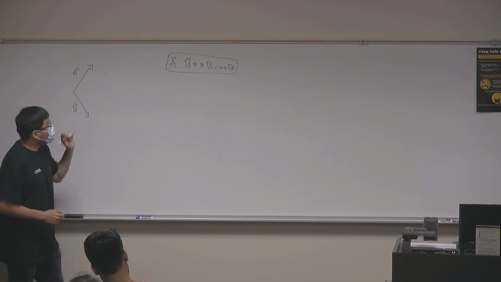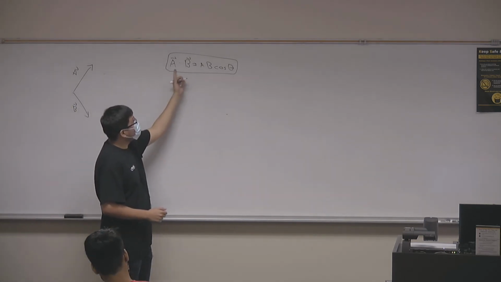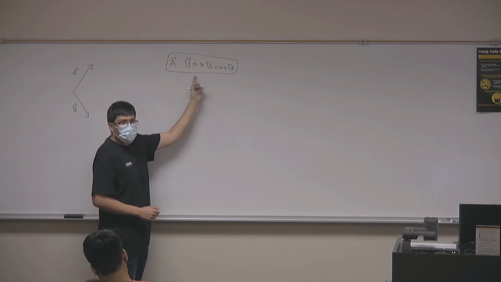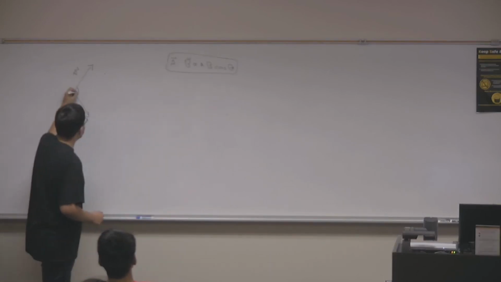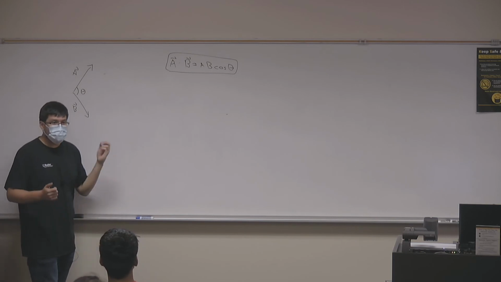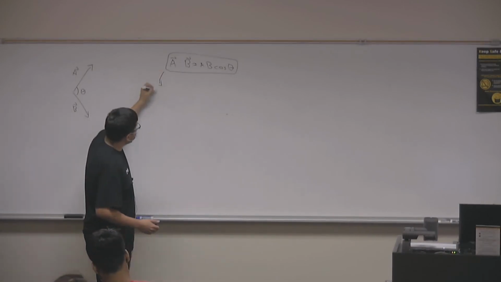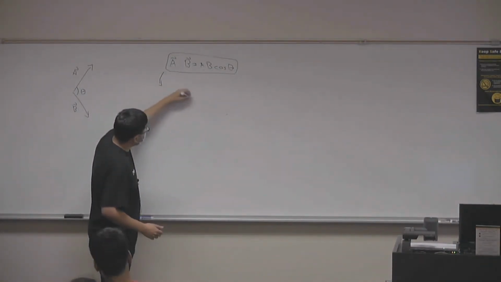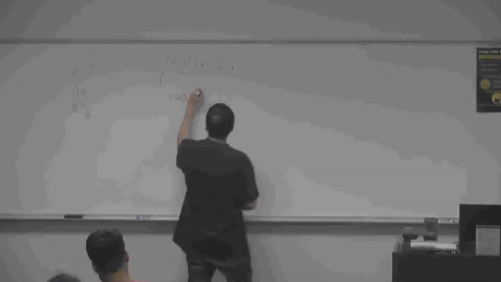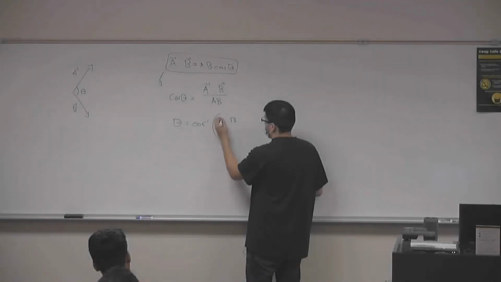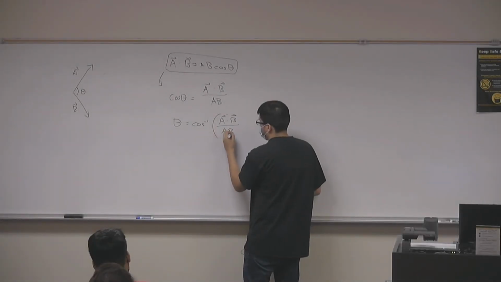So now, if I know the vectors and I know their magnitudes, can I use this expression to find the angle between them? Yes. And that's what we're going to use the dot product for in this class. We're going to use it specifically to find the angle between two vectors, where my angle is simply the inverse cosine of the dot product of these two vectors over the product of the magnitudes of the two vectors.